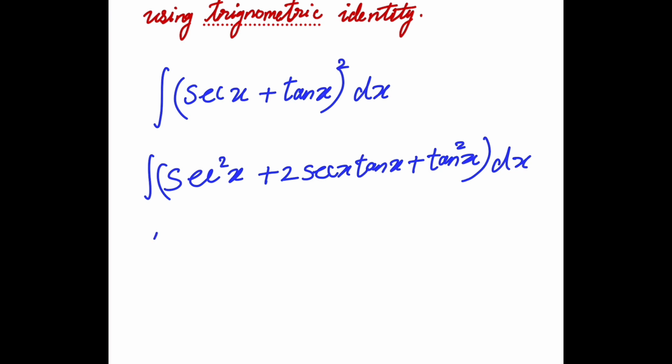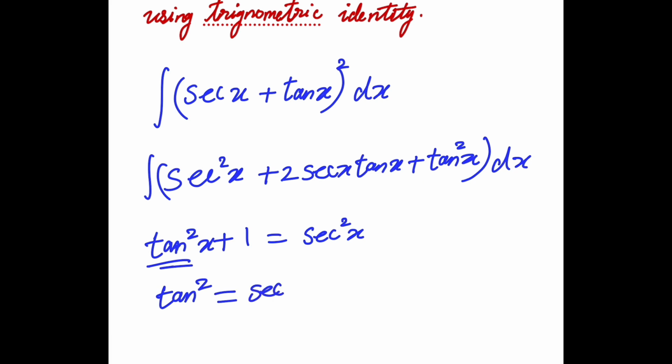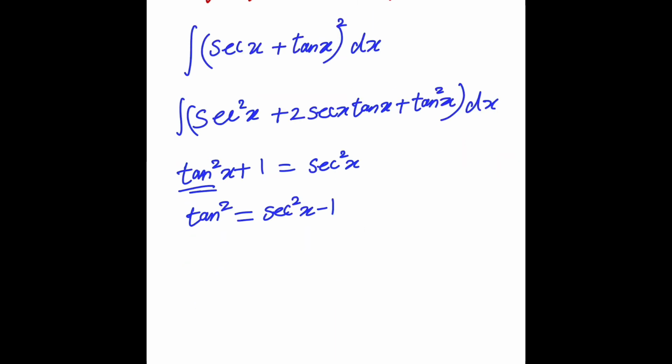That identity is tan squared x plus 1 equals secant squared x. Making tan squared the subject, tan squared x is equal to secant squared x minus 1. Now let's substitute it back into our original equation and continue with the integration.